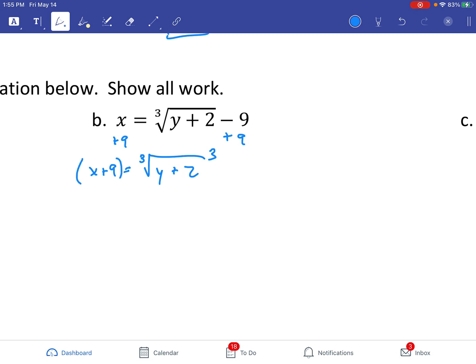Now the x plus 9 is going to be in parentheses when we cube it. Okay, the cube root and the cubed on the right side go away. Left with x plus 9 cubed equals y plus 2. Lastly, we're going to subtract the 2. So we have y is equal to x plus 9 cubed minus 2.